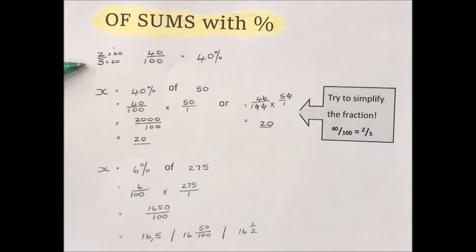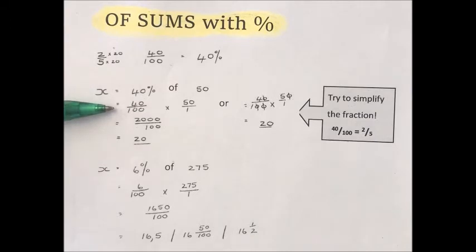And then it was simplified to 2/5. You can also have 4/10, because that is also an equivalent fraction of 40 over 100. You just divide with 10 and divide by 10. So the example is 40% of 50.